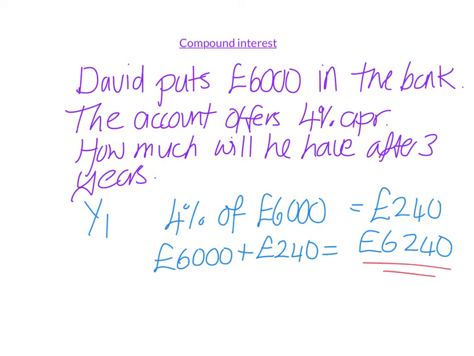So in year 2, at the beginning of year 2, we've now got £6,240. So if we take this £6,240, and we need to find 4% of that.